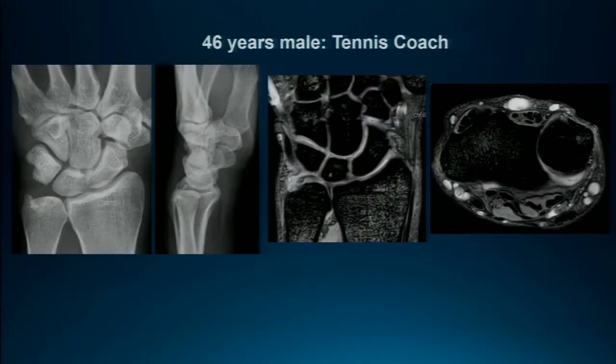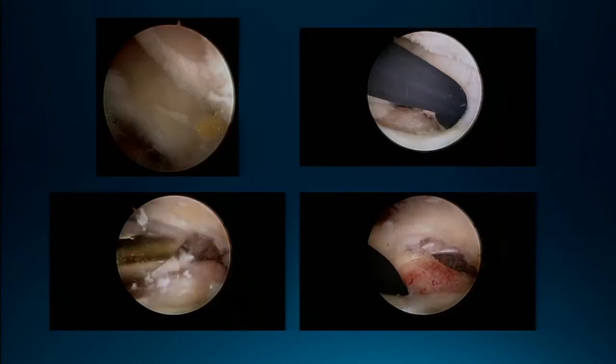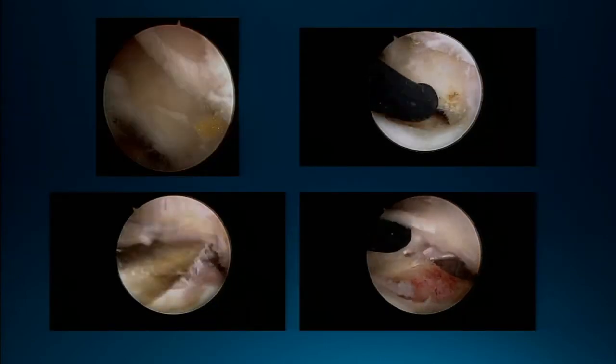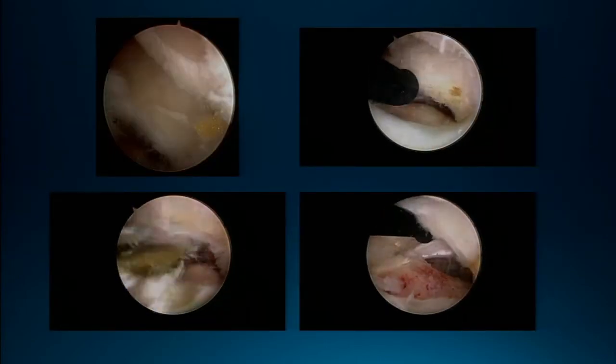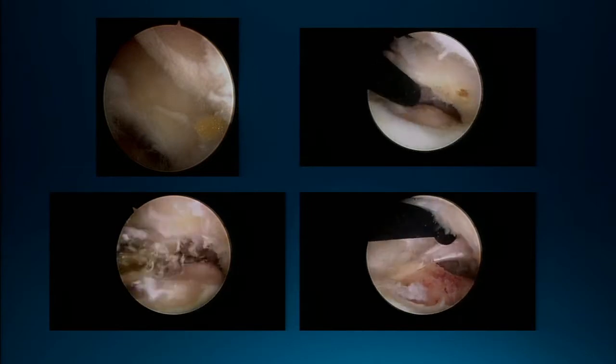This is a 46-year-old male tennis coach with ulnocarpal abutment syndrome and sclerotic change at the ulnar head. We did an arthroscopy, and the TFCC disc was torn, and we debrided the TFCC.